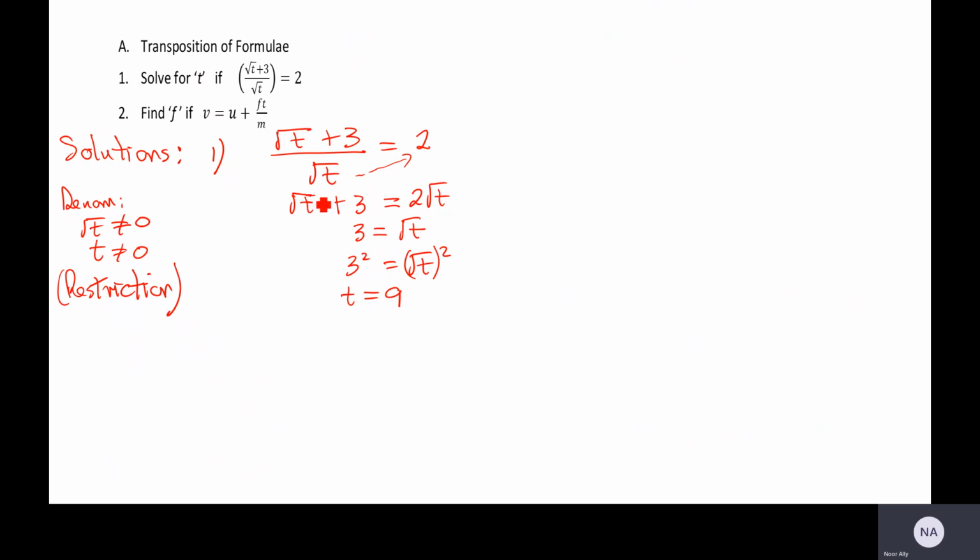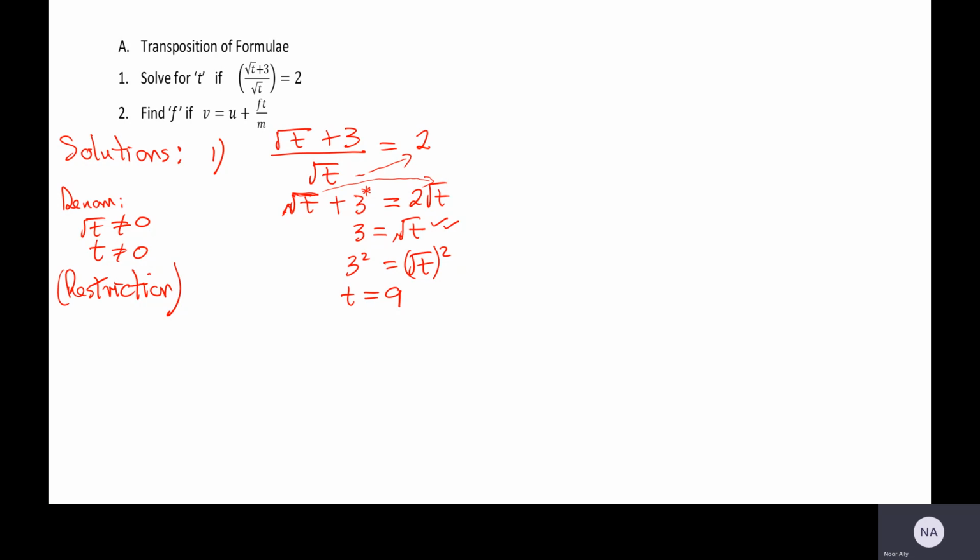Now, I just want to pause here. Where did I get square root of t from? I know many or some students will be thinking, oh, square root sign, let's square both sides. But remember this left-hand side over here, only the square root of t has a square root. 3 does not have a square root. But then notice that square root of t is on both sides. It's like an x. Imagine that was an x.